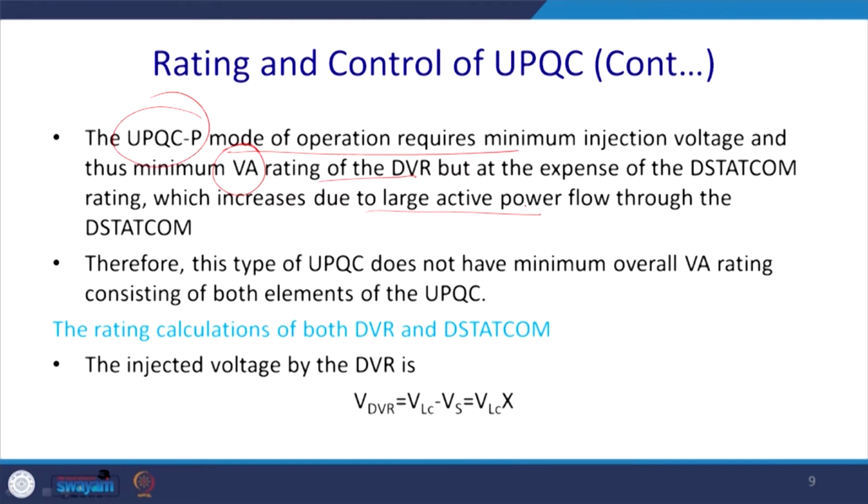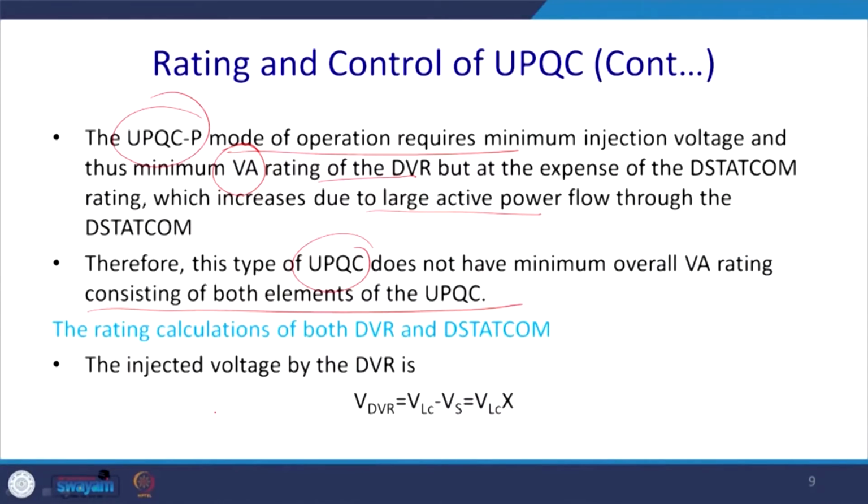Therefore, this type of UPQC does not have minimum overall rating. It may be the DVR rating is low, but the D STATCOM rating is high. So, it is not optimized, considering both the elements of the UPQC.